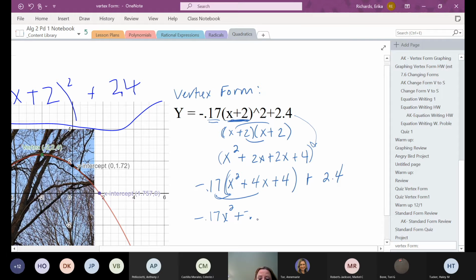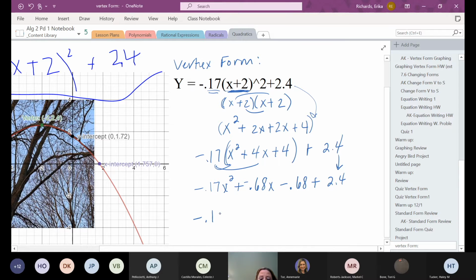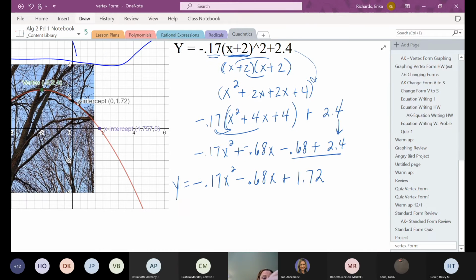It's negative 0.68x, and negative 0.17 times 4, again, is minus 0.68, plus 2.4 comes down last. I leave my answer, minus 0.68x, and now I put these together, and my answer is plus 1.72 equals y. This, then, I would have said is standard form, okay?